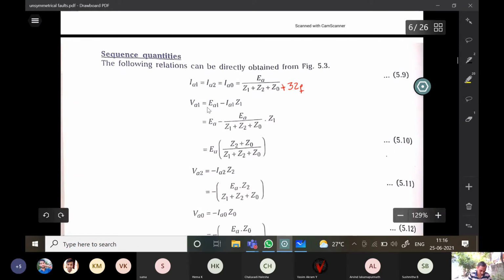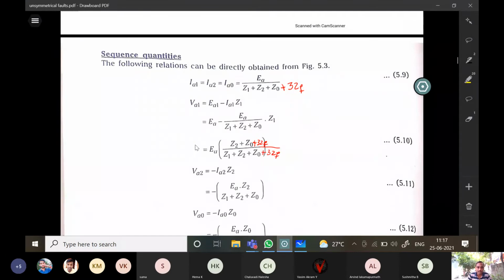Now VA1 can be written as EA minus IA1 into Z1. In the previous case we had EA into Z2 plus Z0 divided by Z1 plus Z2 plus Z0. Along with this, add 3 times ZF here, divided by Z1 plus Z2 plus Z0 plus 3 times ZF.